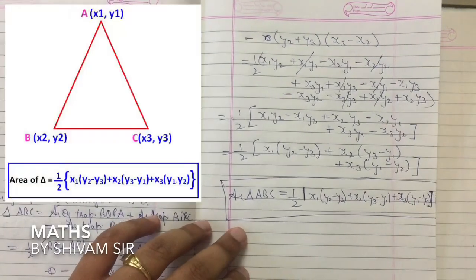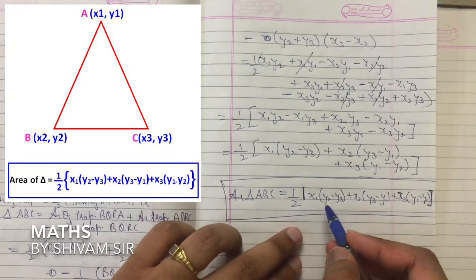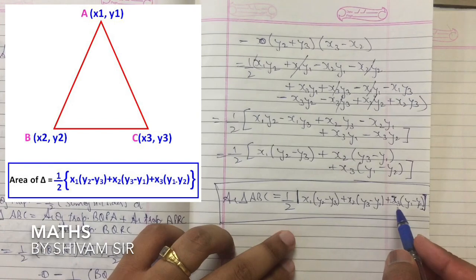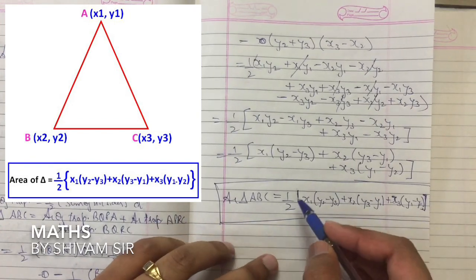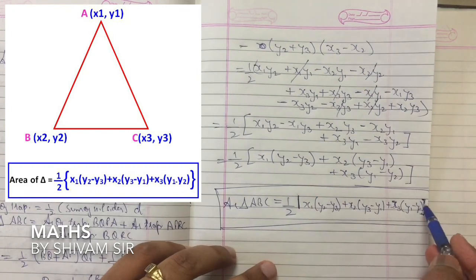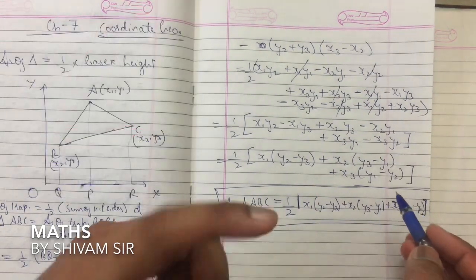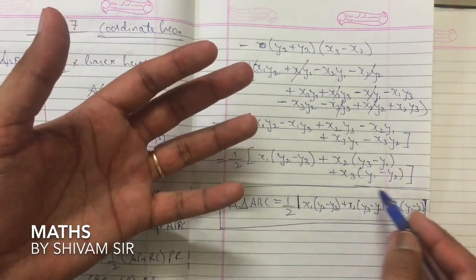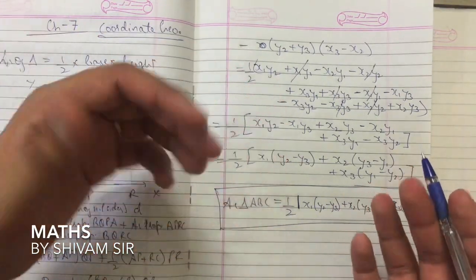Why have we replaced these brackets with the modulus sign? Because area cannot be negative. So whatever the answer is from here, we have to take the positive value only for the area.